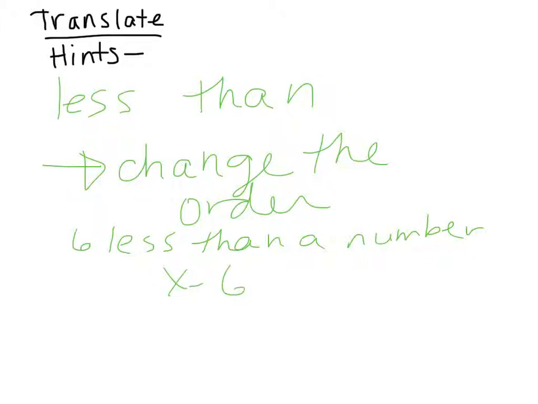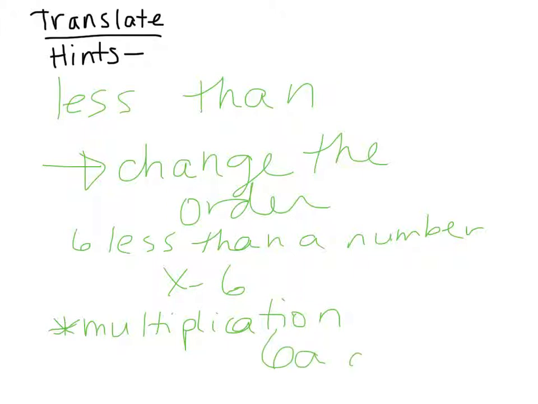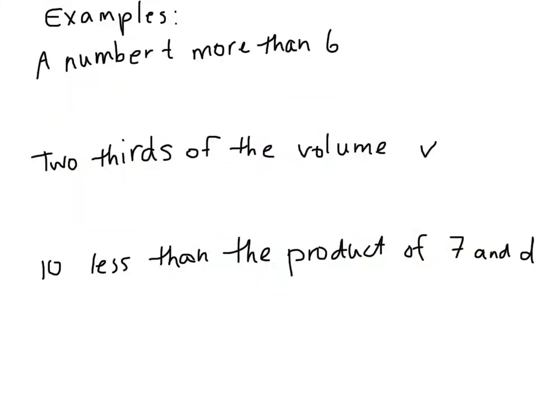It's x minus 6. Also, in multiplication, if we are multiplying a number and a variable, the number always comes first. So we always say 6a, not a6. Okay, so 6a is the correct way to write it.